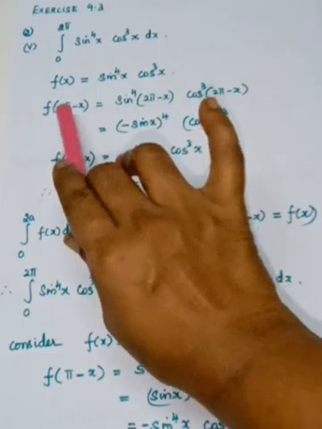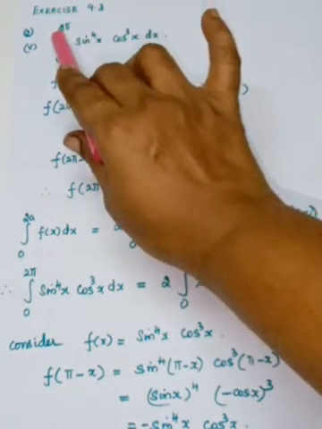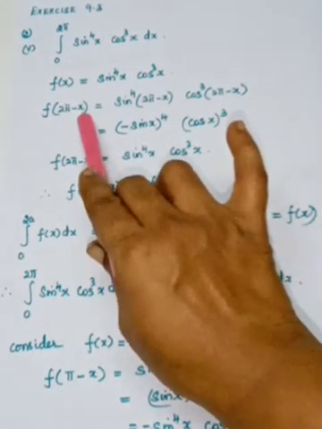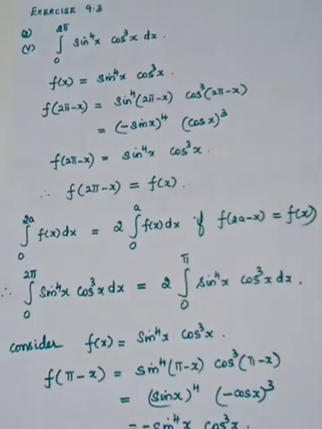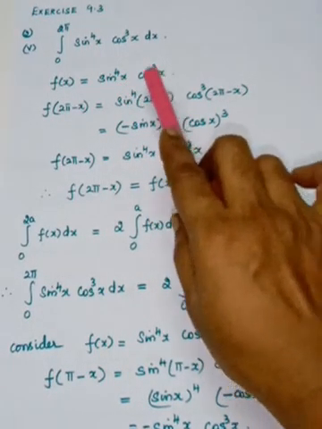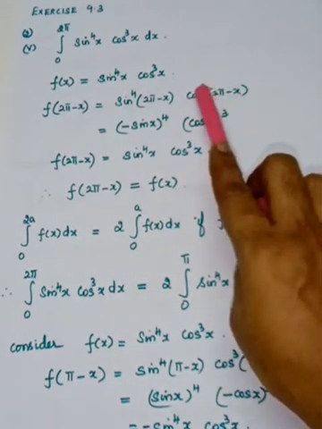So it has to be replaced by 2a minus x. What is your 2a? Here it is 2 pi. So x is replaced by 2 pi minus x. How will it be written? Sine of 2 pi minus x the whole power 4 into cos of 2 pi minus x the whole cube.